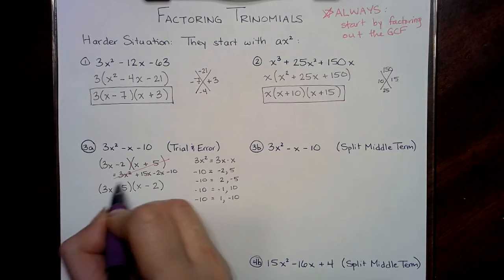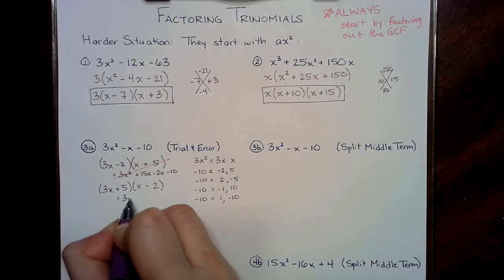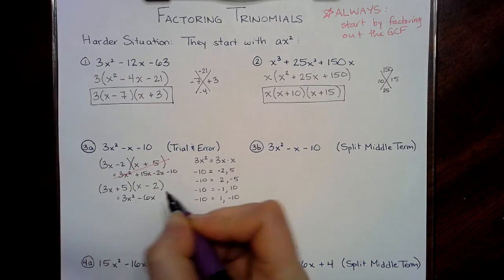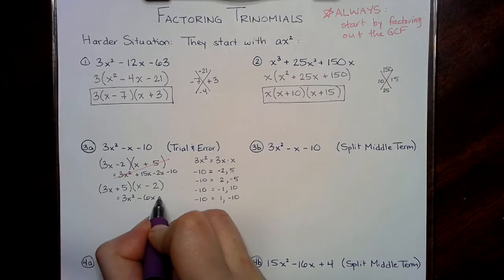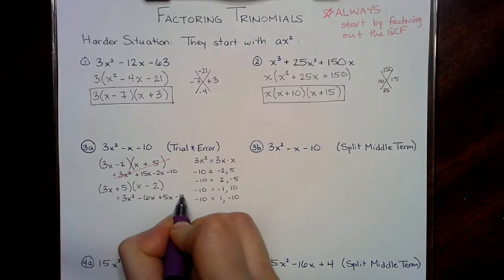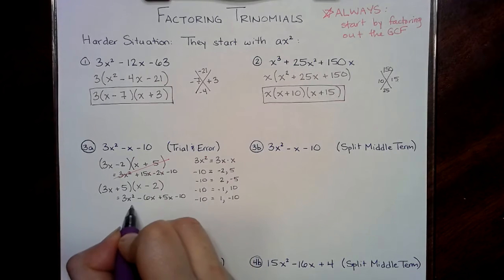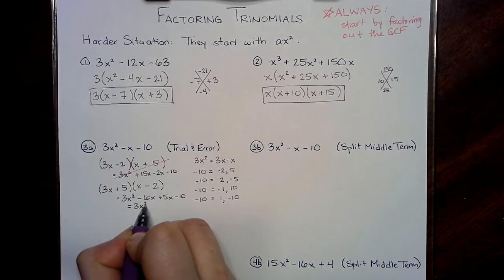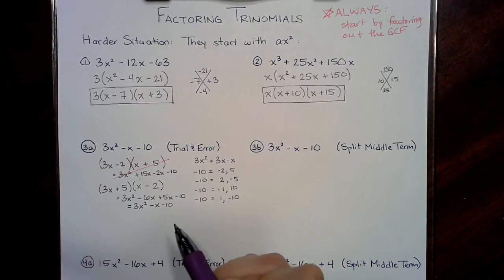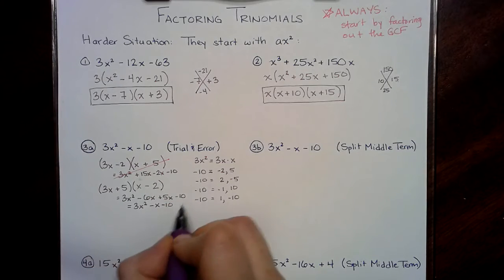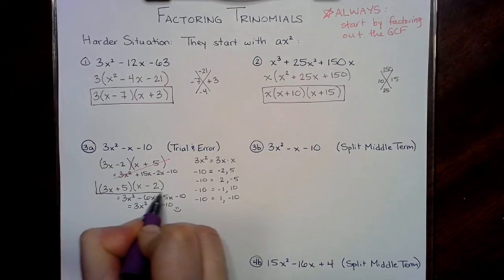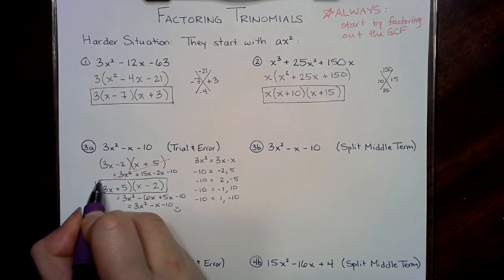So 3x times x will get me to 3x squared. 3x times negative 2 will get me to minus 6x. 5 times x will get me to plus 5x, and 5 times negative 2 will get me to minus 10. And this one is the thing I was looking for. So I know that this really was the correct answer here.